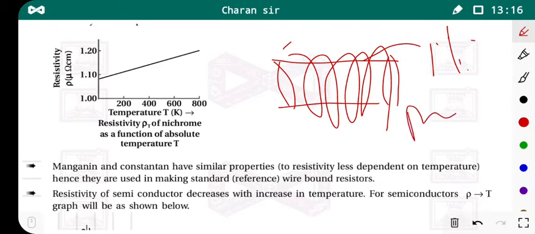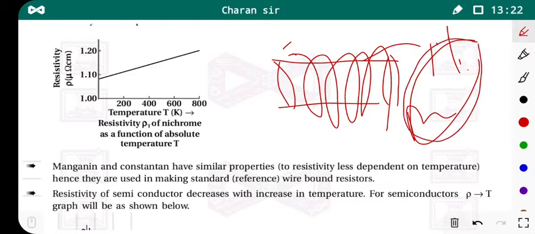Why do we use these types of materials for wrapping this wire over this base? Because these materials have a resistivity that does not depend much on temperature. At that time we discussed how the temperature dependence of the resistivity is reflected on electric currents.